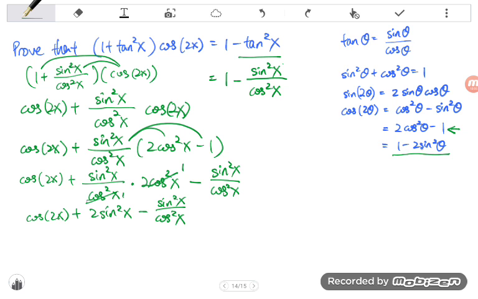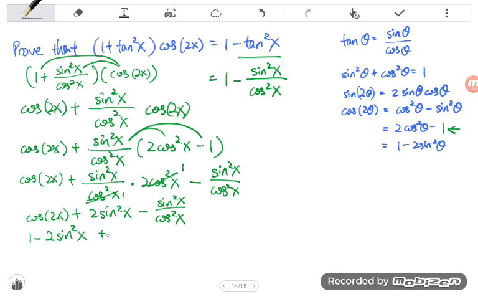The minus 2 sine square x, which will be cancelled out with that one over there. So that's my reason why. So I'm going to replace cos 2x with 1 minus 2 sine square x. This is my cos 2x.